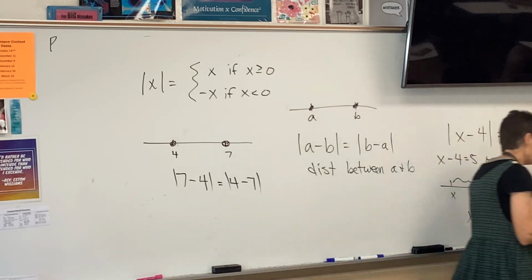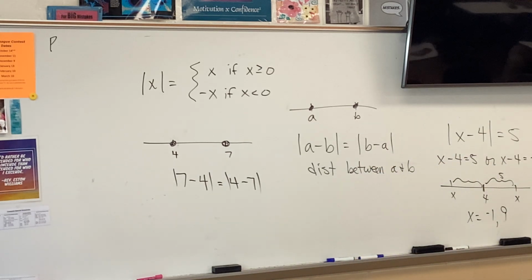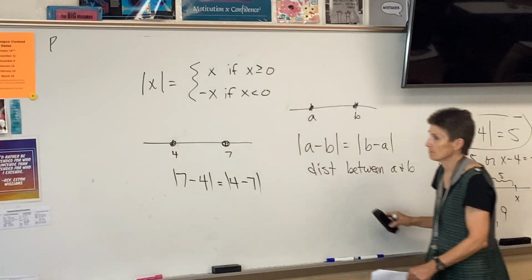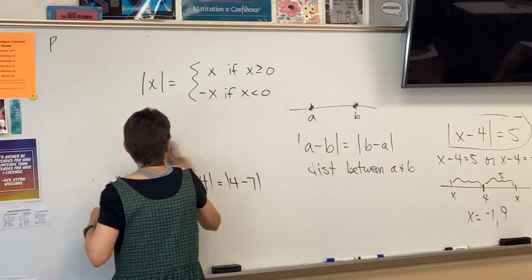All right, number 5, we gotta do this though. Write as an absolute value: the distance between x and 6 is 7. We're going to write something like this.